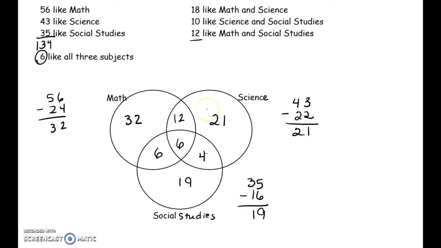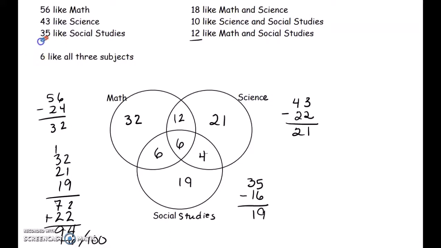So now if we were to add up these numbers, 32 plus 21, I'm just doing the big circles first, and 19, we get 72 there, and then from this, and that, we get 22, which brings us up to 94, plus the 6 in the middle. That's the total of 100 people that were surveyed.